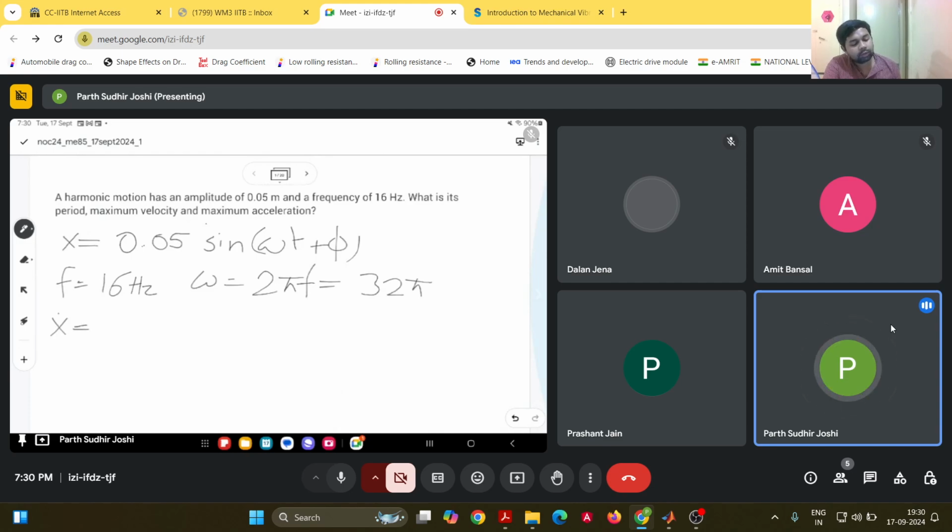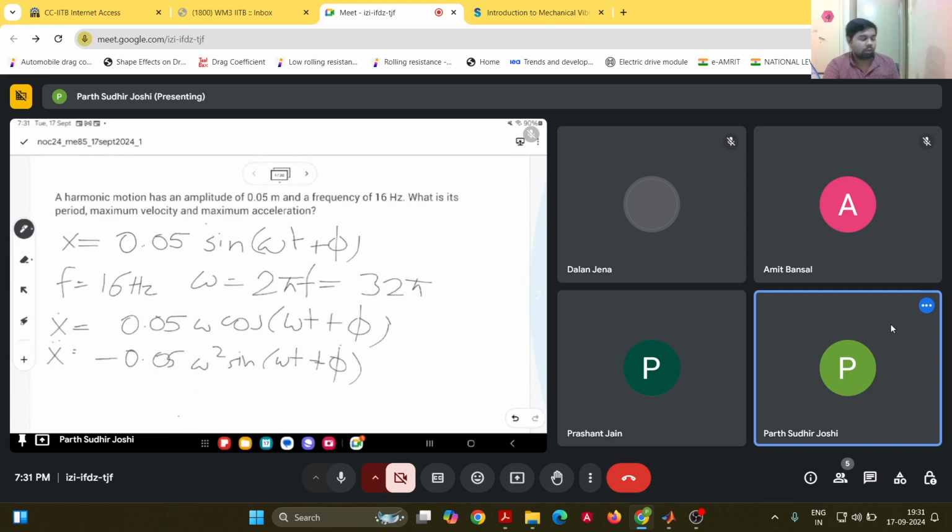So the velocity will be x dot, which is 0.05 omega cos omega t plus phi. X double dot will be minus 0.05 omega square sine omega t plus phi.